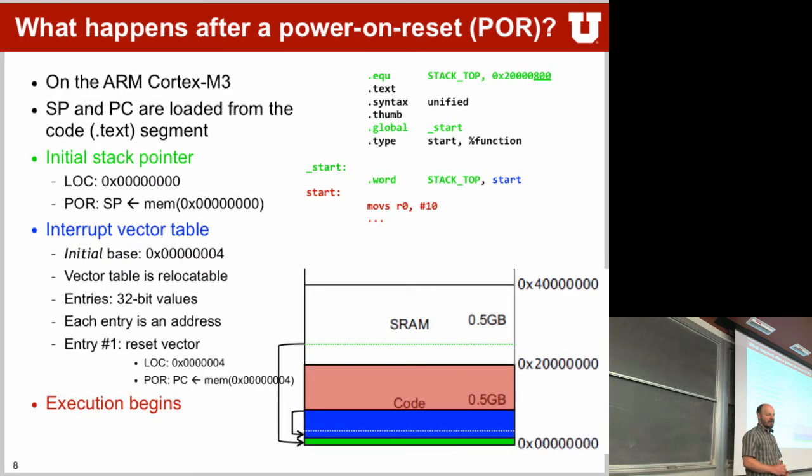All right, we have seen this before, so what happens at a power on reset? Again, initially, we boot up, make sure the power of your system is all right, and the first two things that happen is it will read from memory address 0, the stack pointer, and from memory address 4, the first jump address, or the reset vector, and will go and start executing from that point of your application, right?